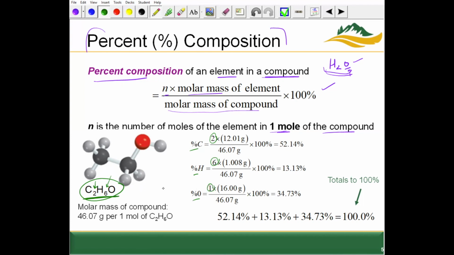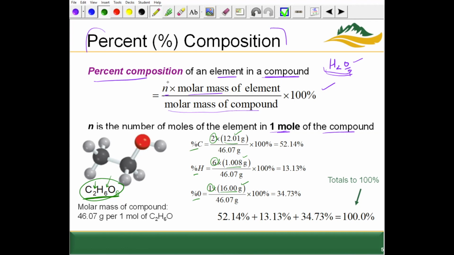For oxygen, we have the subscript of 1 that's implied. Then the molar mass of the element here, carbon is 12.01 AMU or grams per mole. Hydrogen is 1.008 AMU or grams per mole. Oxygen is 16.00, about 15.99 AMU or grams per mole.